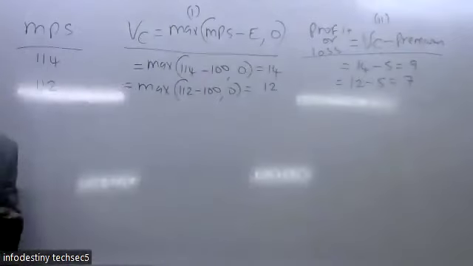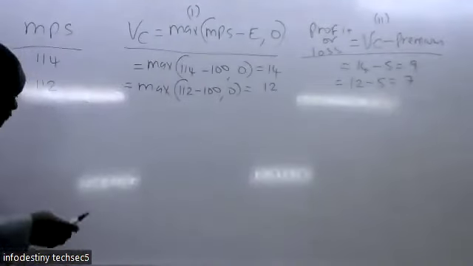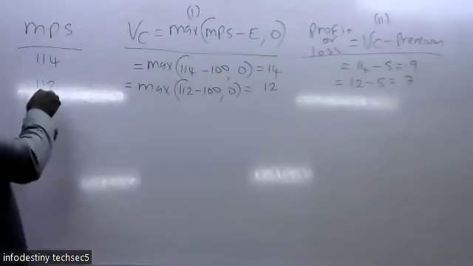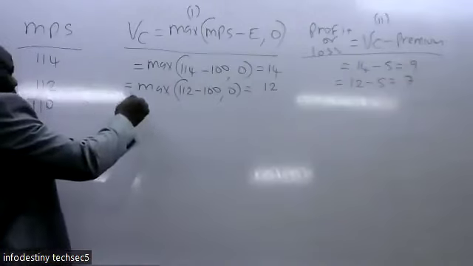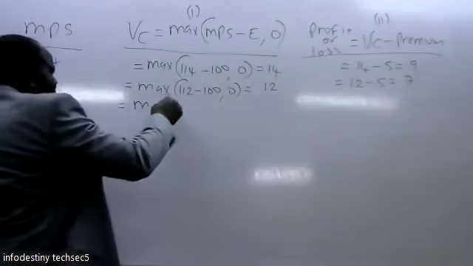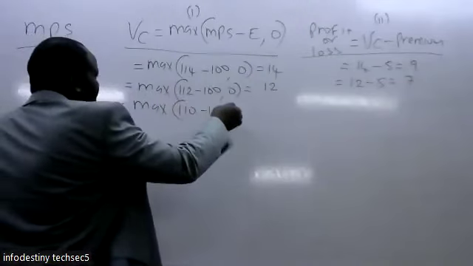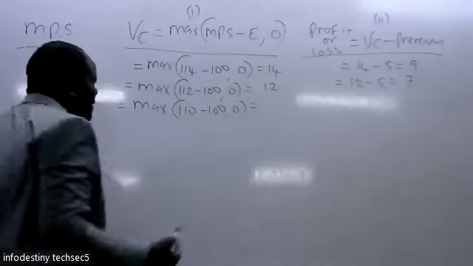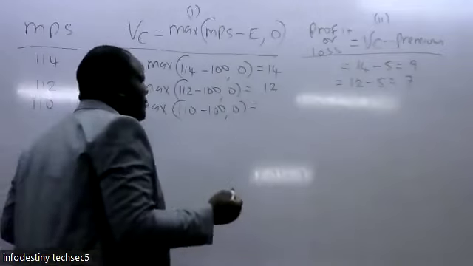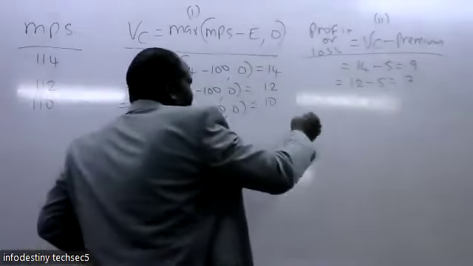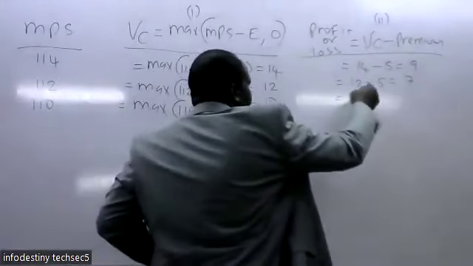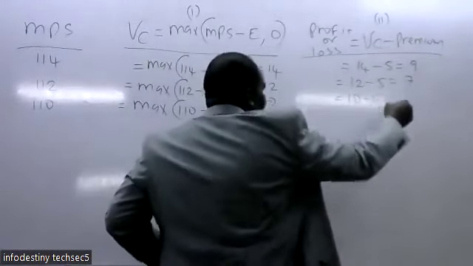We go to the third price. It is 110. The next one should be 110. So also that one we take maximum, then 110 minus 100. So that price is, their value is 10. Also take 10 minus 5.